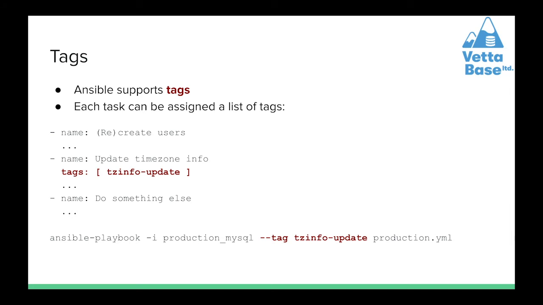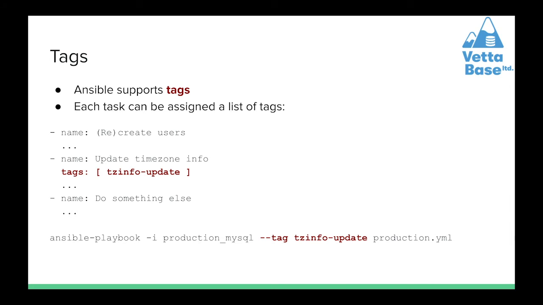Fortunately, Ansible supports tags. Okay, we can assign a list of tags optionally to our tasks. So in this case, well, we have several tasks. One of them is update time zone info, which basically updates the information about time zones in MySQL, which is useful if you use certain SQL functions.